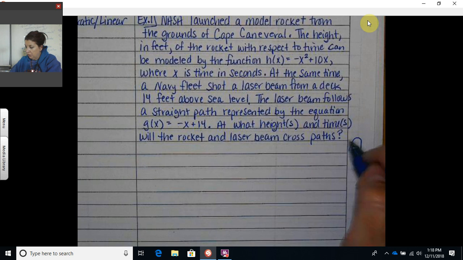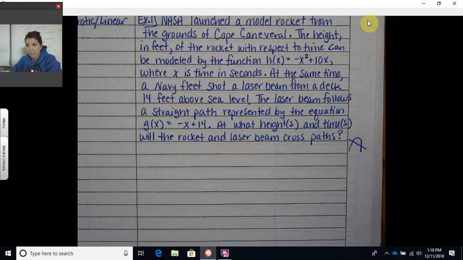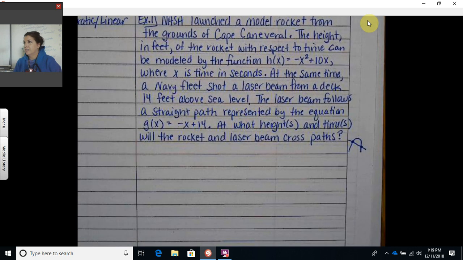It makes a line, okay? So I want to know when they're going to cross paths. So basically, I want to know when each function's equal to each other. So can I make a system of equations to figure out what points they have in common? Why, yes I can. One of them's a quadratic function, one of them's a linear function.